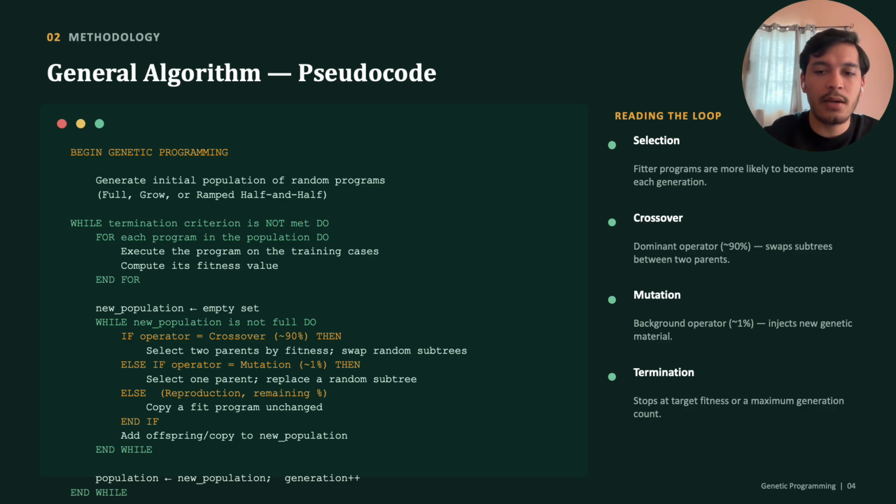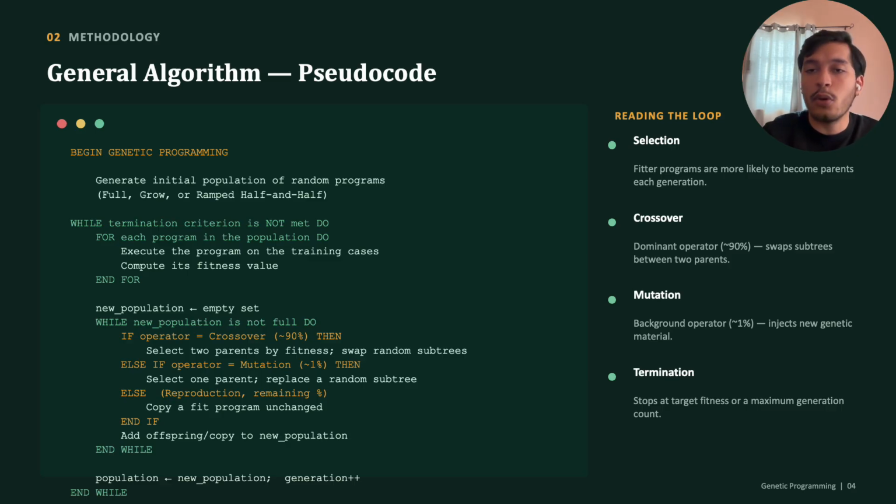It's important that we call these programs, since this is the most important part of genetic programming. Once we do that, we create those programs using a method like full, grow, or ramped half-and-half, which just control how varied the initial tree shapes are.